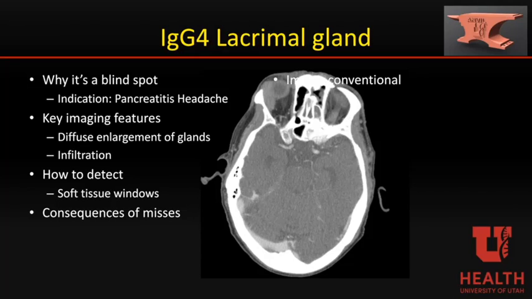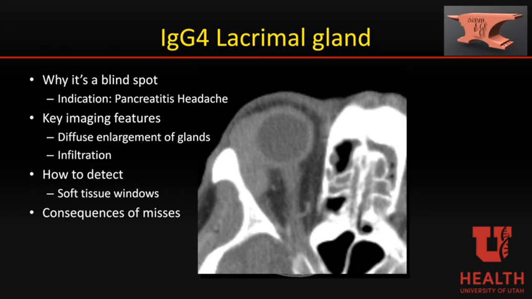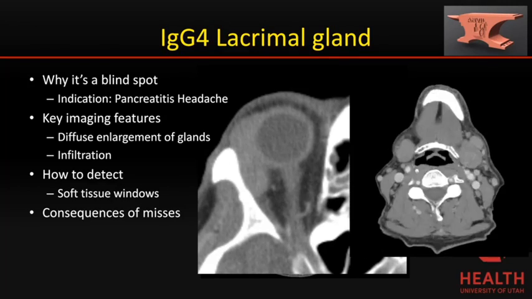And here we have the unilateral enlargement, lacrimal gland. But when we look a little bit farther down through the patient, we'll see that they also have associated parotid and submandibular gland involvement. So early detection of this lesion may lead to an earlier detection of the very protean IgG4 related disease complex.